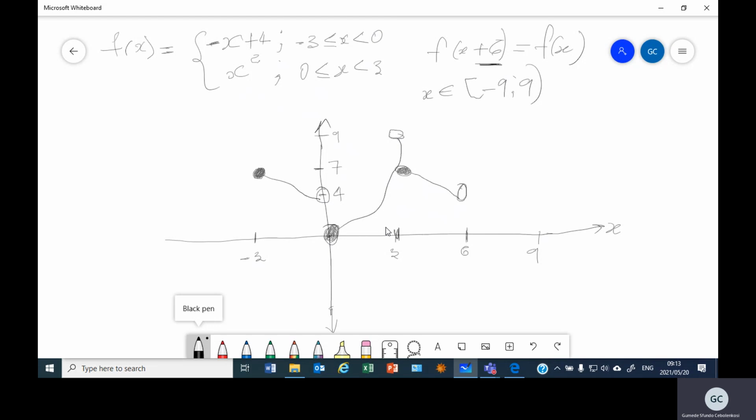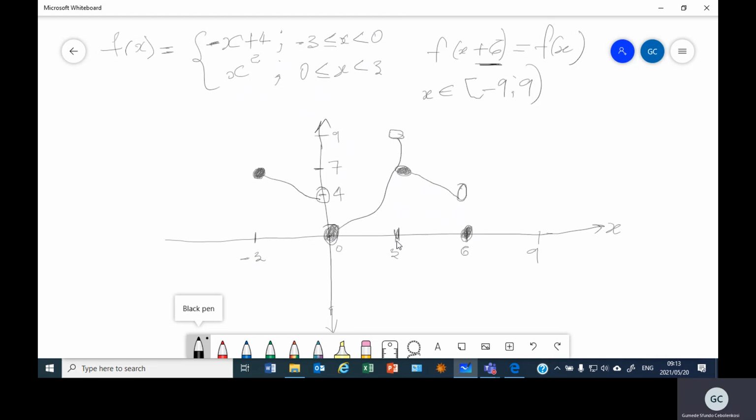Now you will move this curve. This was at x equal to 0, so it will move 6 units. It would be here, still shaded.